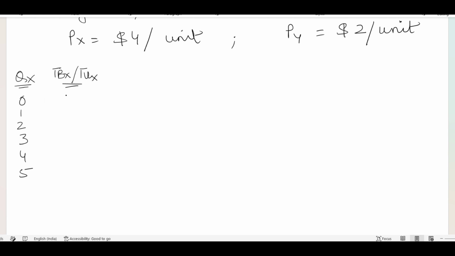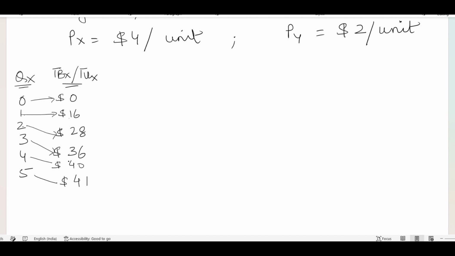So it's $0, then $16, then $28, then $36. And for the fourth one, I have $40. And for the fifth one, I have $41.